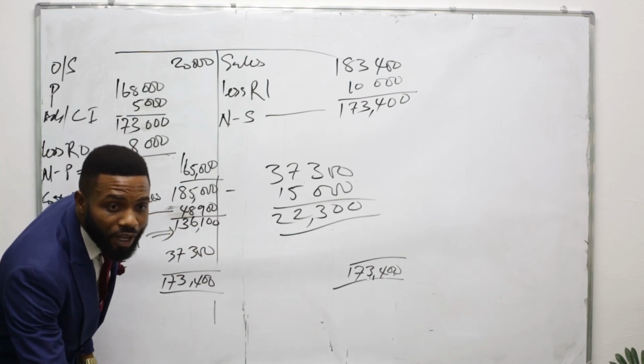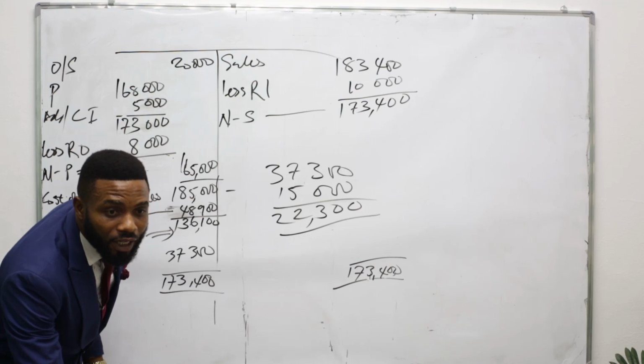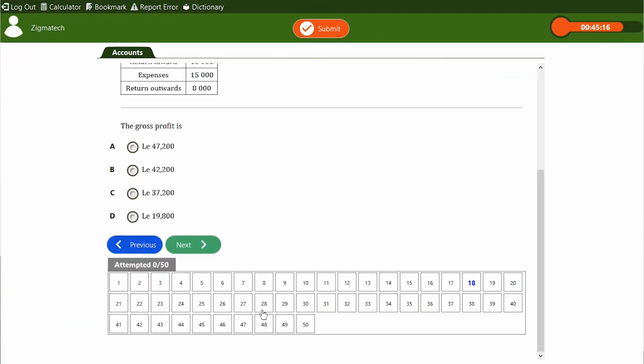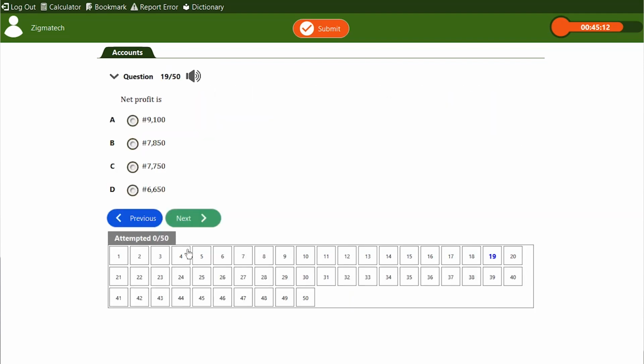Let's see if at the end of the day we'll be able to get the right answer. The net profit there, you see, I said it. So it will affect the whole question. Now let's quickly go to another one.